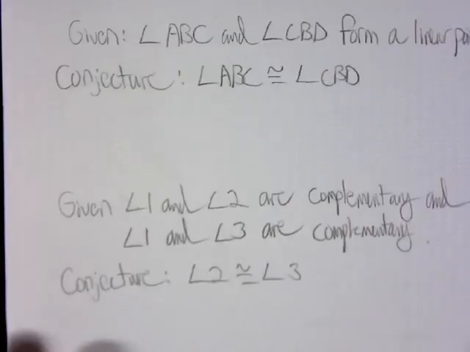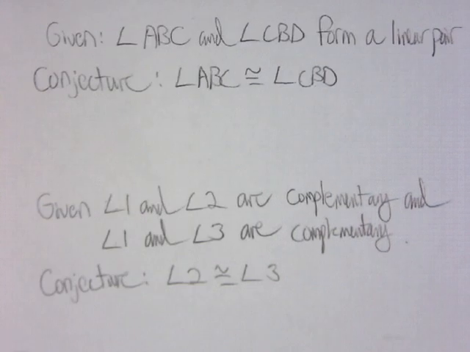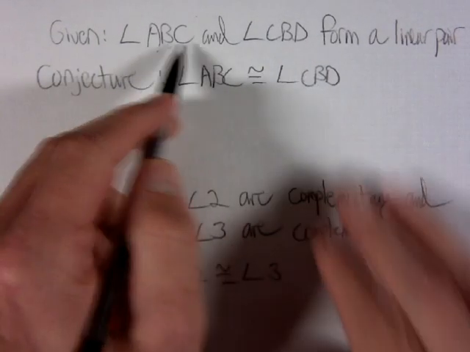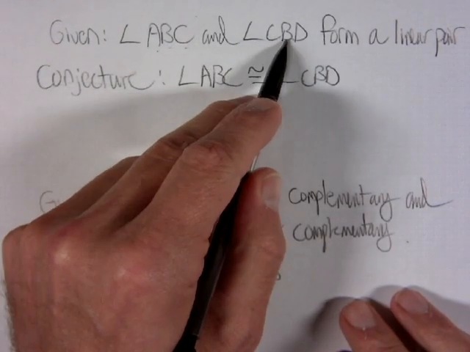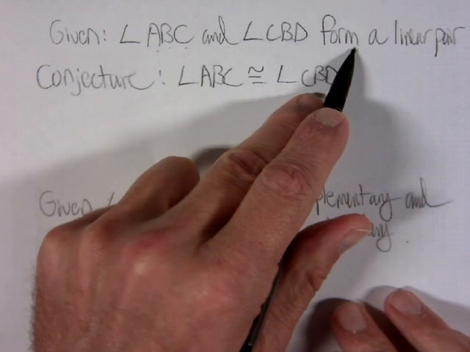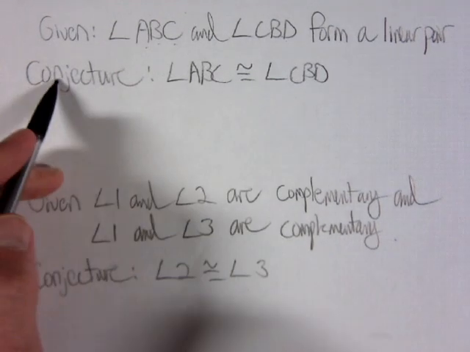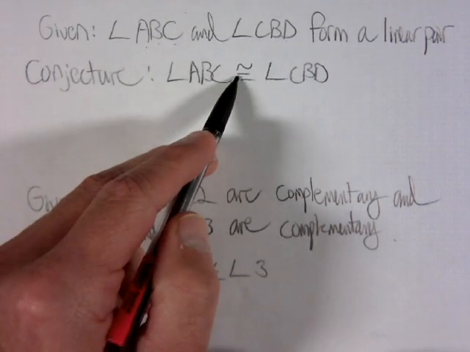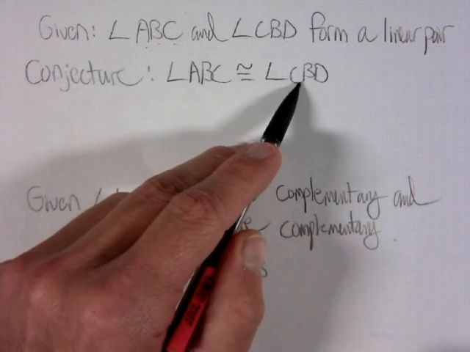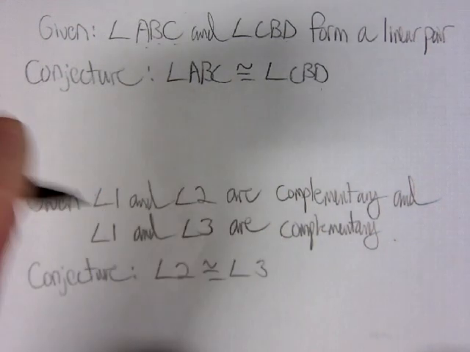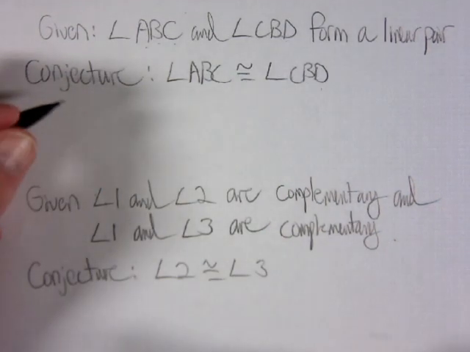All right, so here's the next given information. It says angle ABC and angle CBD form a linear pair. So that's the information that we know to be true. These two form a linear pair. Okay, now here's the conjecture that ABC is congruent to angle CBD. All right, so let's see if that's going to be the case here.